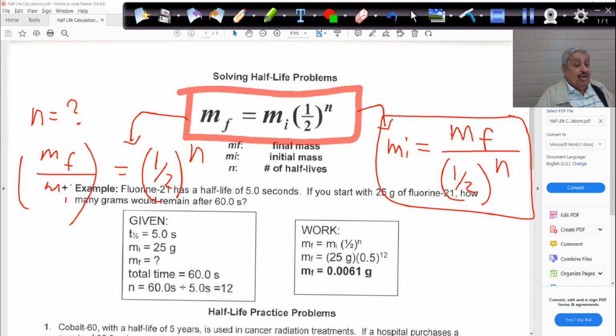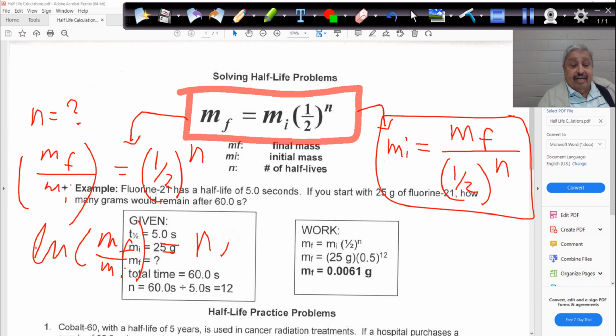So now I want to isolate what? n. I can use the logarithm, log or ln, either one. So ln of m final over initial equals n times ln half, since you have the exponent, correct? Can I get the n now?